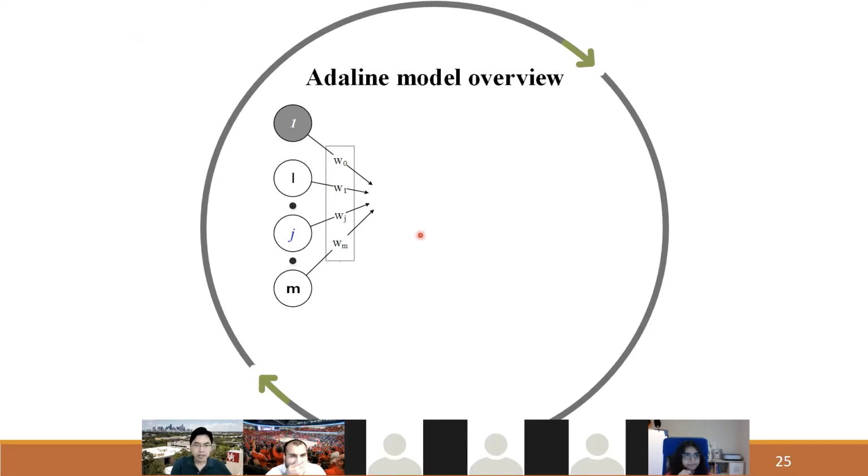So, Adeline model. You can think of that as somewhat similar to a neural network model, but there is no hidden layer. So there are only two layers, the input layer and the output layer. And for Adeline model, as well as logistic regression, the output layer will always have one node.